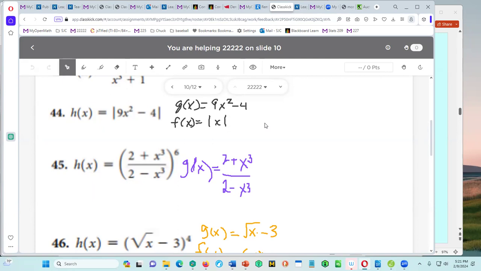Now the something else, that's just the raise it to the sixth power function. That would be h. Well, the outside function is f. Okay, so h is what is given, so we don't need to produce that. We need to come up with an f for our answer. And the f is the outside function, which is the function which raises its input to the sixth power.